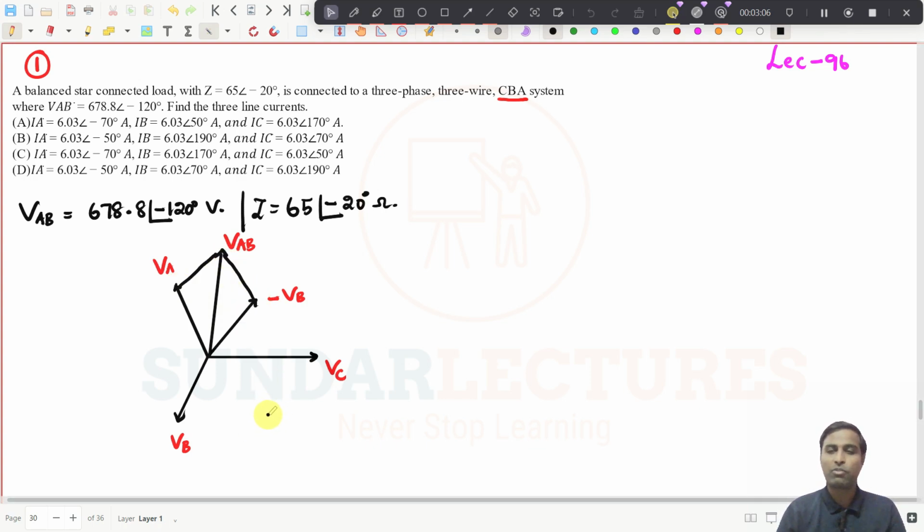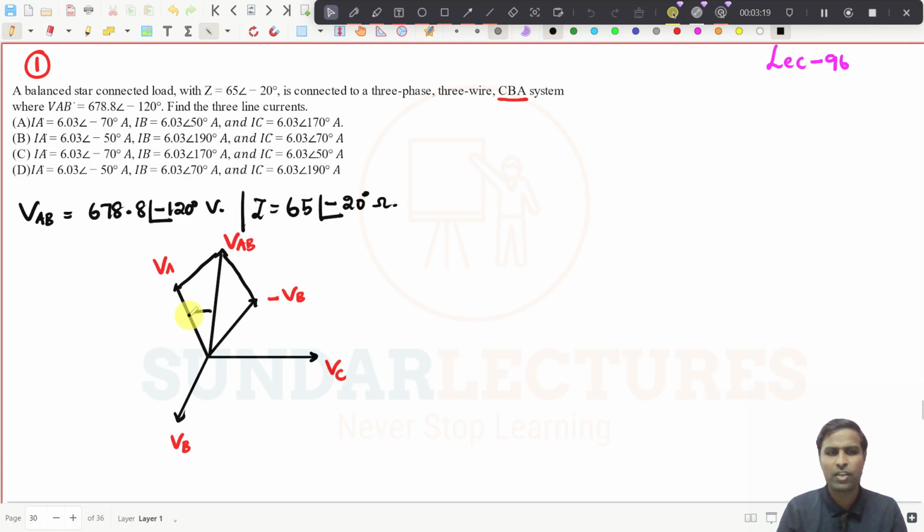Now you have to be very careful here, because if I come in this clockwise direction, VA comes first and then VAB comes next. This angle will be 30 degree.